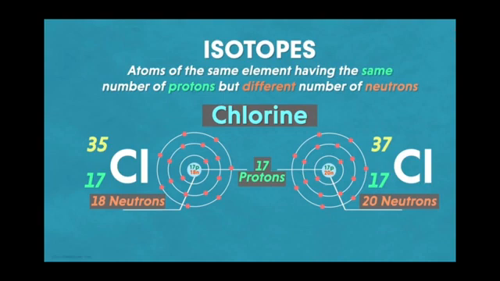Here, the atomic number is the same, that is 17, but the mass number is different, 35 and 37. In the previous videos, we have learnt about isotopes. What is an isotope? Atoms of the same element with the same atomic number but different mass number.